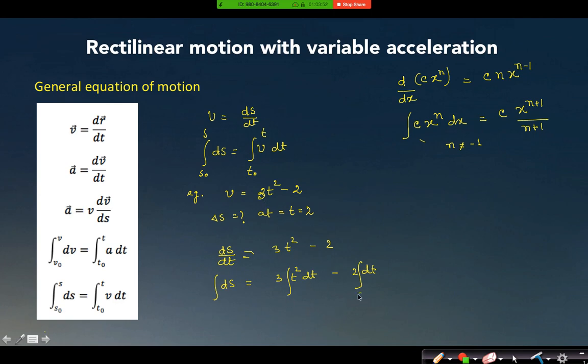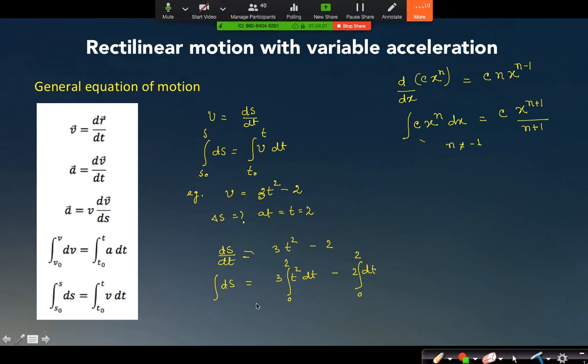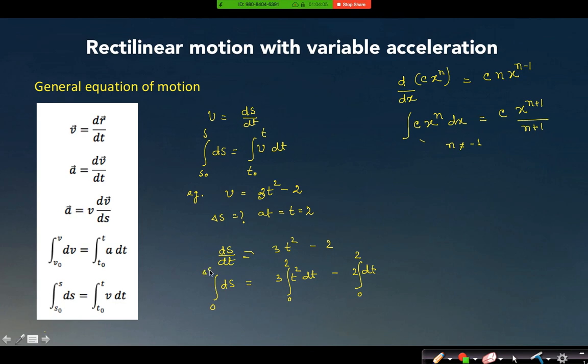Limit will be from t equal to 0 to t equal to 2 seconds. And from here, the initial displacement was 0 and final displacement is delta s. So now what I will do, I will subtract the lower limit from the upper limit. What is integration of ds? Integration of ds is nothing but s.